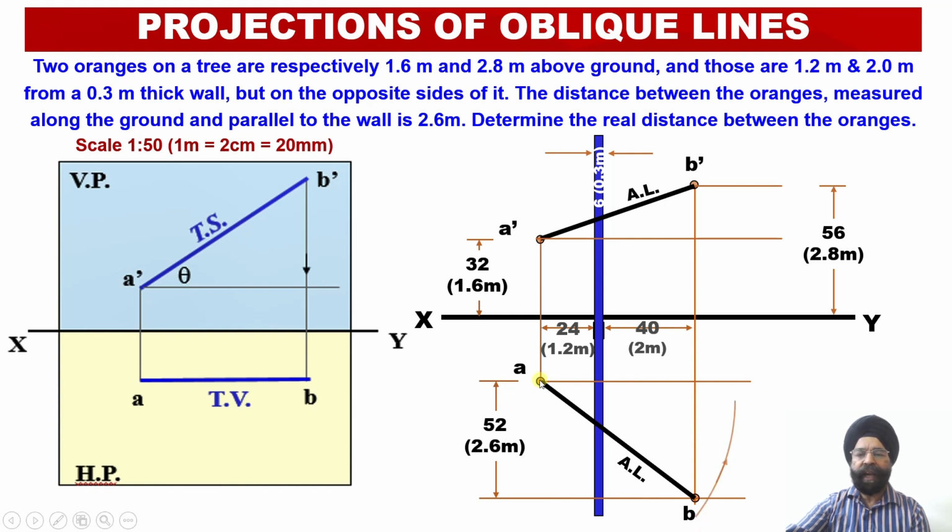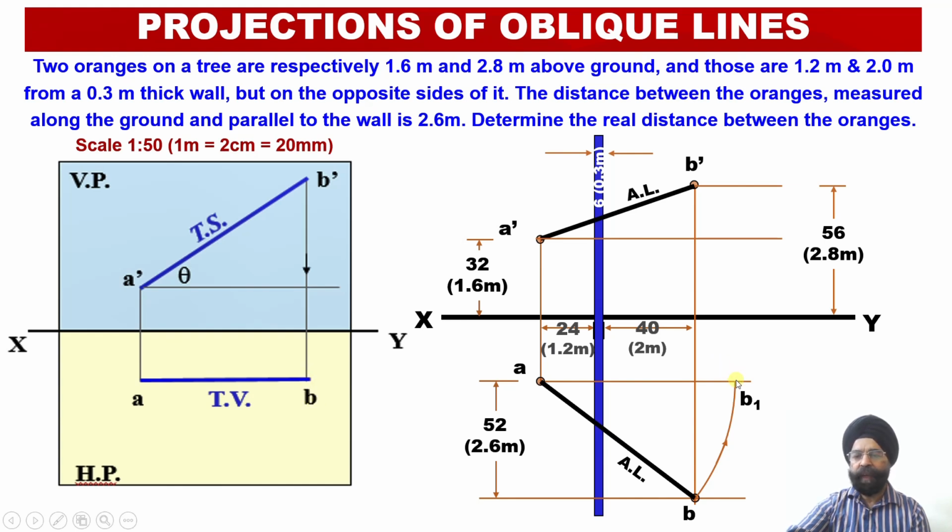Point A will become our needle point of the compass, or the locus point, and we will open the compass equal to the distance AB and rotate this plan projection line in such a way that after the first rotation, this apparent length which was available with us in the plan becomes parallel to the vertical plane, and after the rotation the point which is obtained is B1 because it is the first rotation. We can see over here, this is the apparent length which is parallel to the vertical plane.